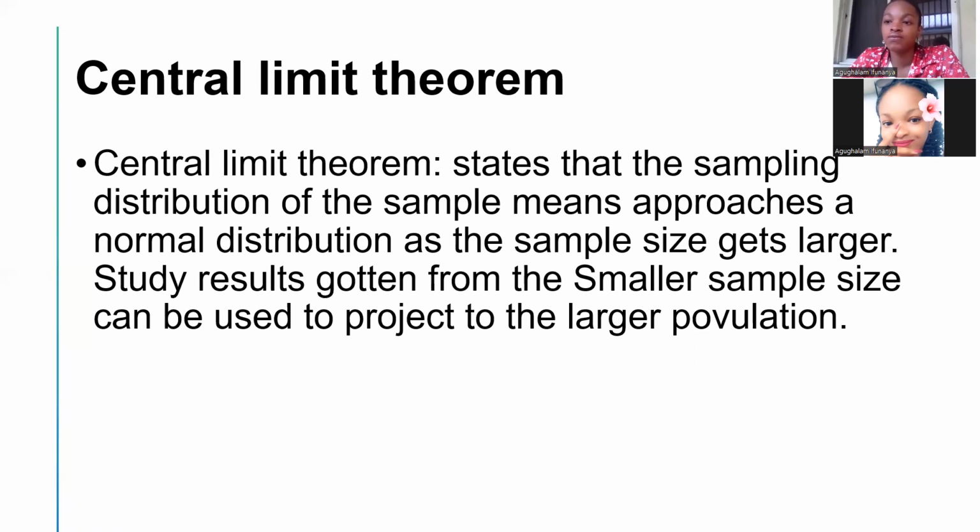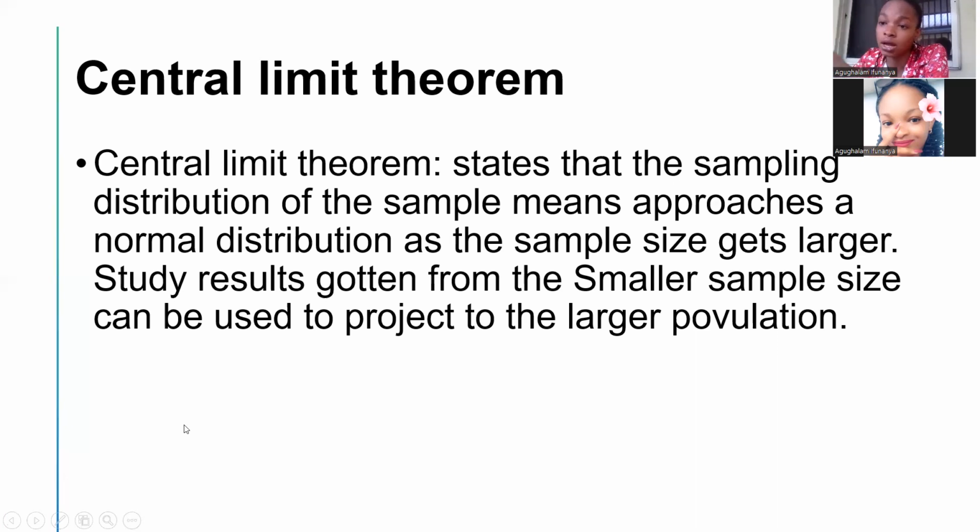You must conduct a random sampling to get a sample that actually represents the population mean. So that is what these last two sentences mean: study results gotten from the sample can be used to project to the larger population.